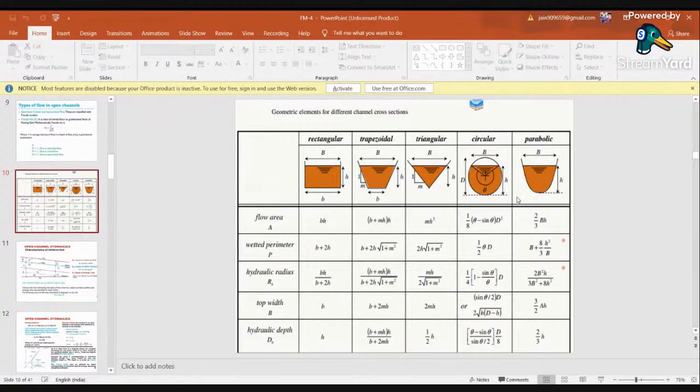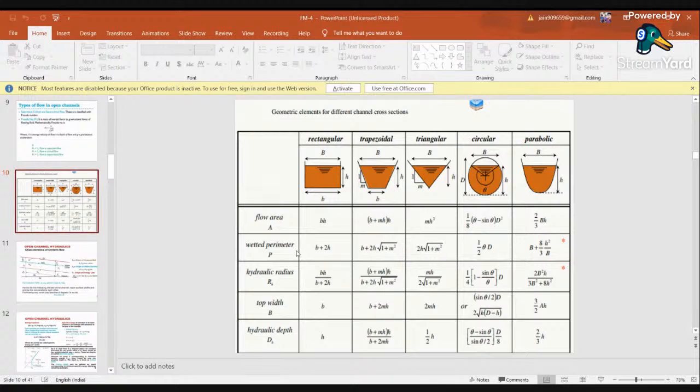Okay, if it is circular, then it is 1 by 8 theta minus sine theta into d square, and if it is parabolic, then you can take it as 2 by 3 d into h. Here you can also use 1 by 4 pi d square, but for a circular cross section, when your water is running full through the circular pipe network. If it is running halfway or somewhere here, then you have to use this formula.